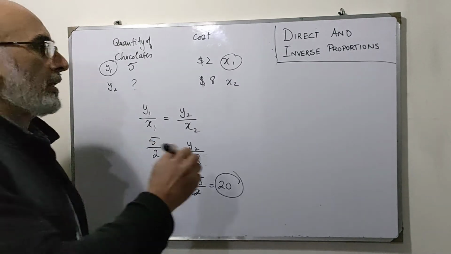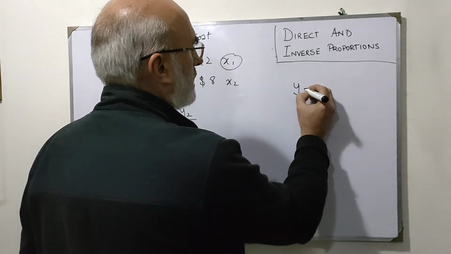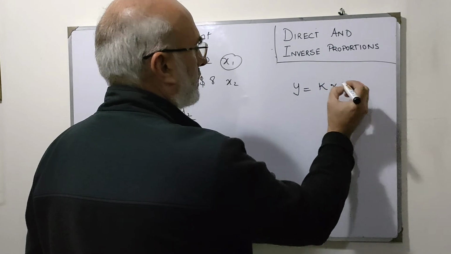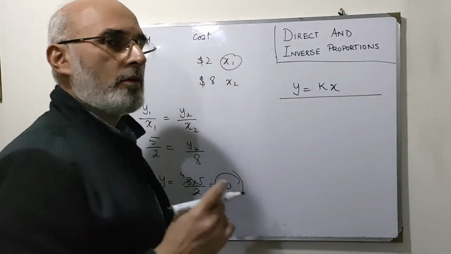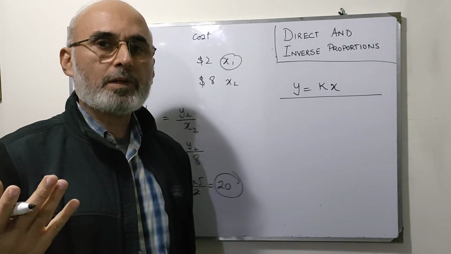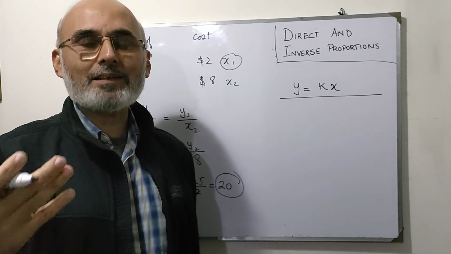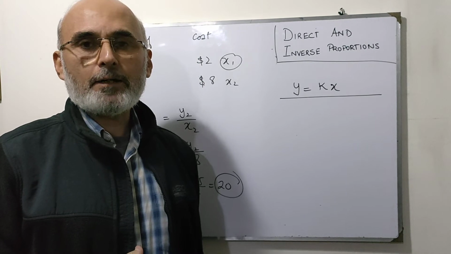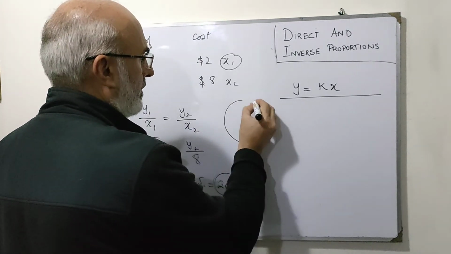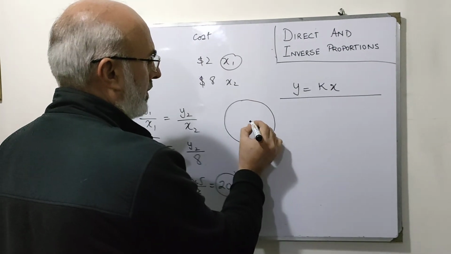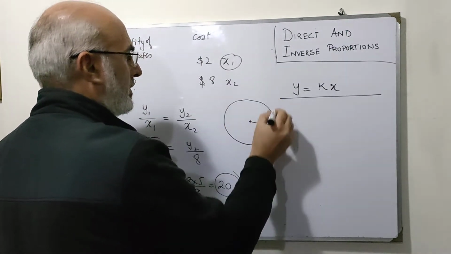Now coming back to that equation, y is equal to kx. To understand this, we have a very good example: let's say the circumference of a circle. If we have a circle, we have a radius and we have a circumference.